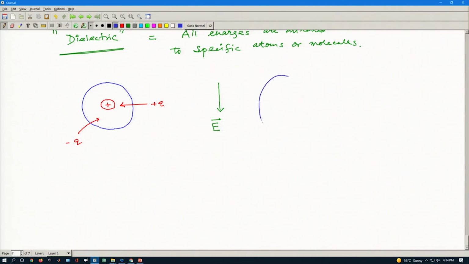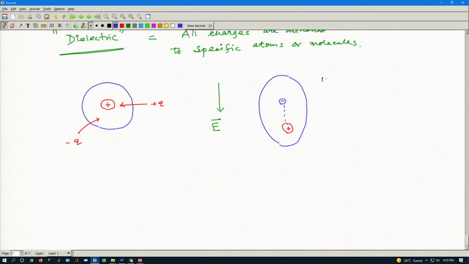So, I should have a distortion here, say of the electron cloud, and the plus charge will be shifted to some place here, and I should have some effective negative charge sitting here. So, there will be a charge separation, and that leads to some tiny dipole. That is the concept here.